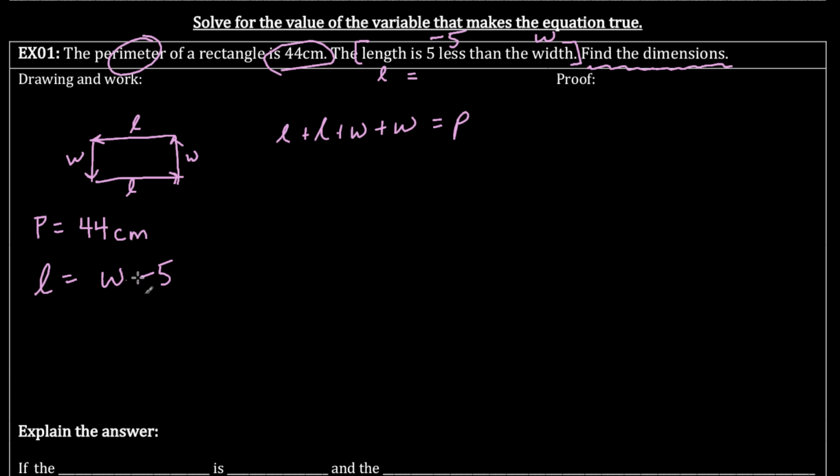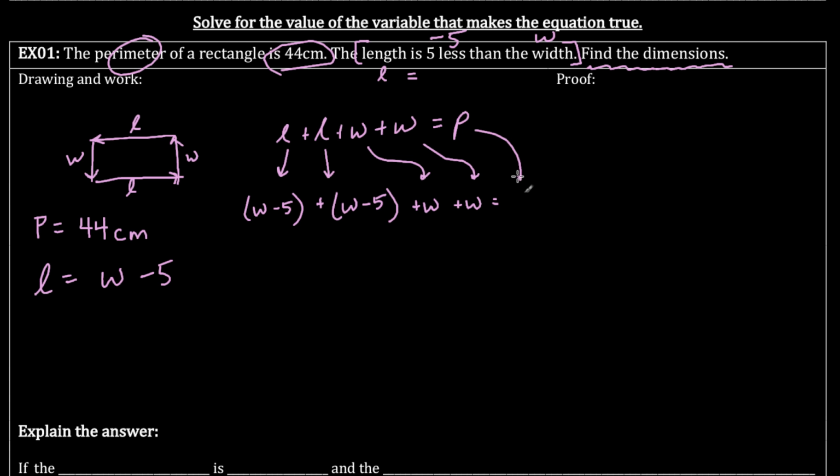So the length is w minus 5. This length can be represented also using w minus 5, the width minus 5. And we can just leave in the plus w's. And we should get the perimeter, which is 44 centimeters.